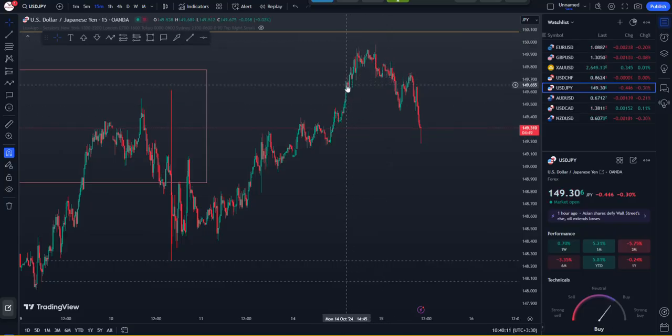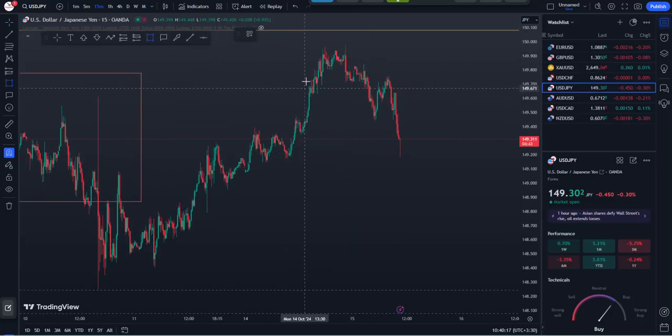This level here is exhibited. You can see that with an obvious flag limit here.